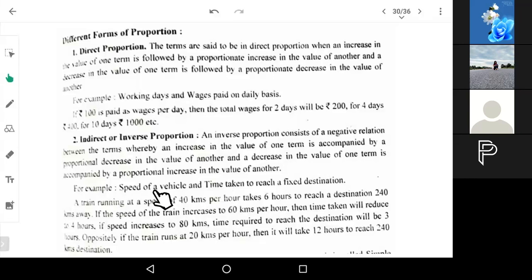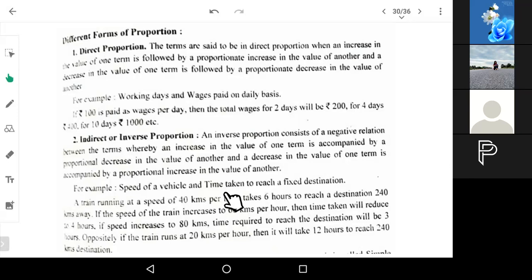Speed of the vehicle and the time taken to reach a fixed destination. Now let us say we are going from Bangalore to Mysore. If the speed of the vehicle increases, the time taken will decrease, because with the increased speed, we will be able to cover more distance and the time will reduce.